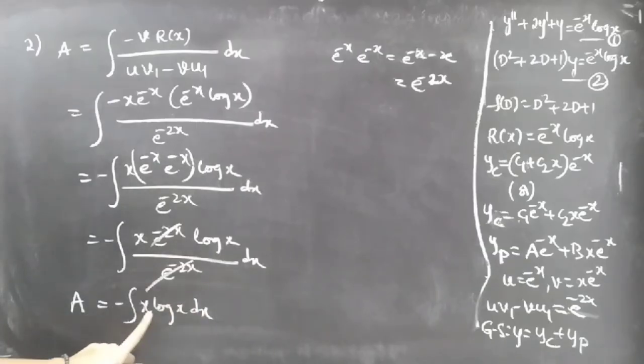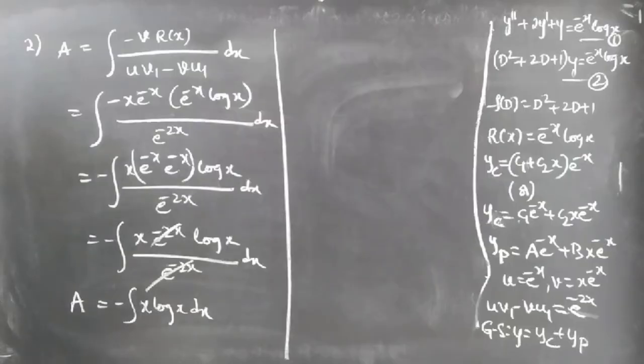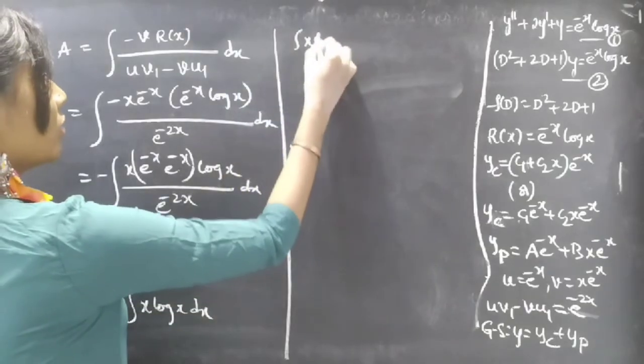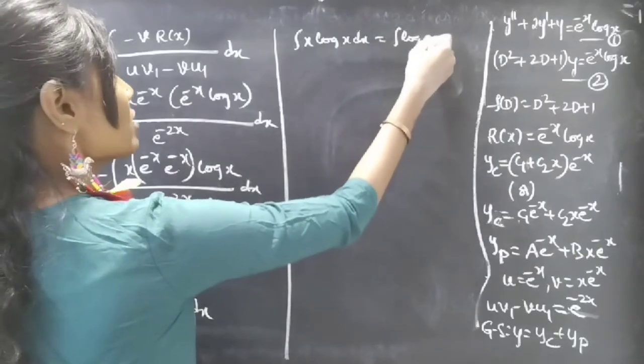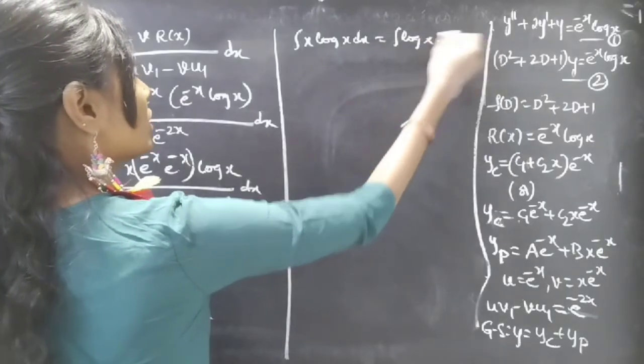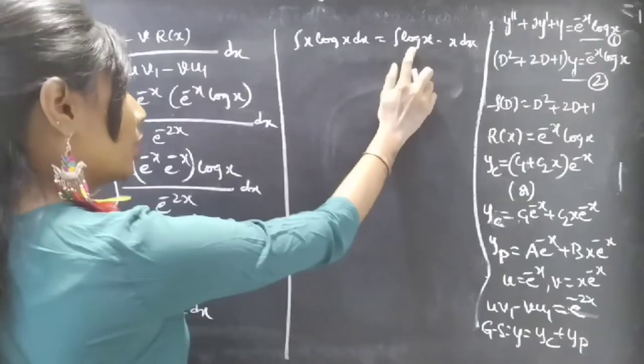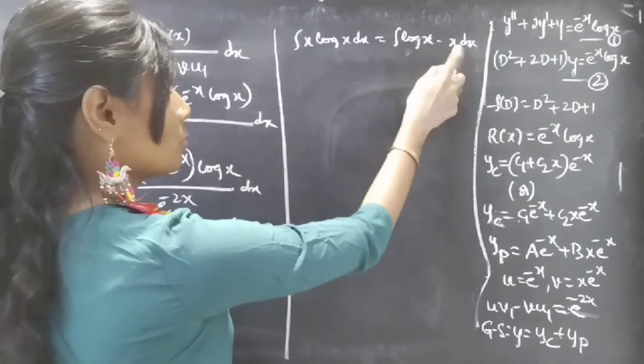Let's evaluate integral x log x dx using integration by parts formula. We can write integral x log x dx as log x into x dx. The integrand is a product of a logarithmic function and a polynomial function.